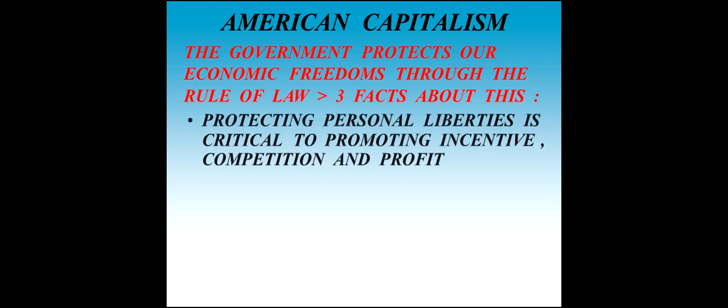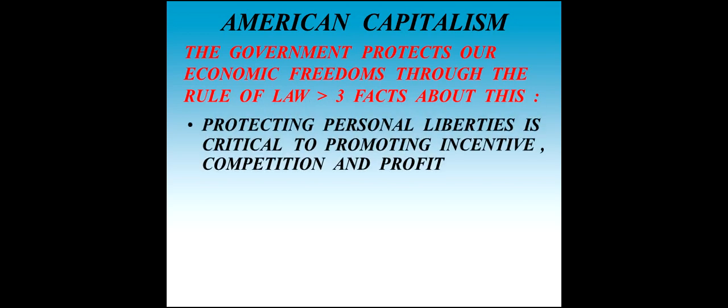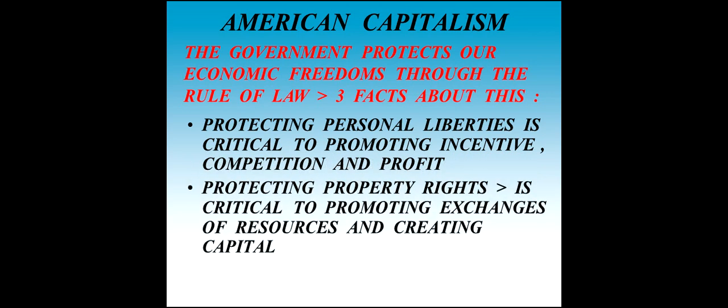Here's the first. Protecting our personal liberties is critical to having Adam Smith's concept of the invisible hand working correctly and guiding our economy. It's critical to promoting the existence of incentive, competition, and profit. The second thing is that through the rule of law, we protect our property rights.